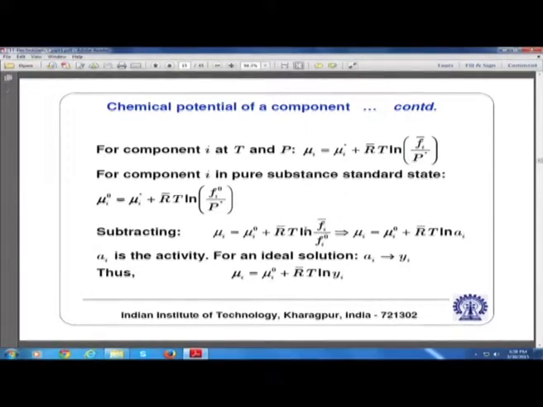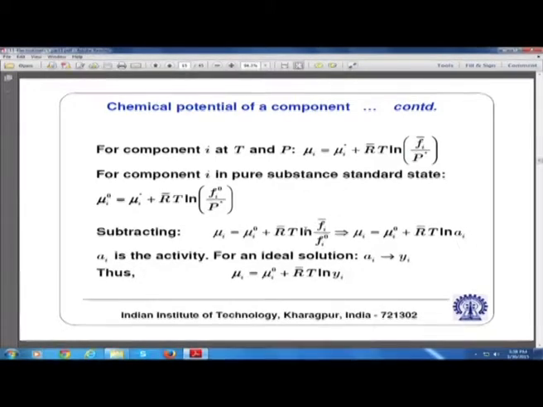So what is written on the board as mu A equal to mu A 0 plus RT ln AI, where AI is the activity, you have for an ideal solution. So if we assume the ions to be an ideal solution, that is not a very impractical approximation.